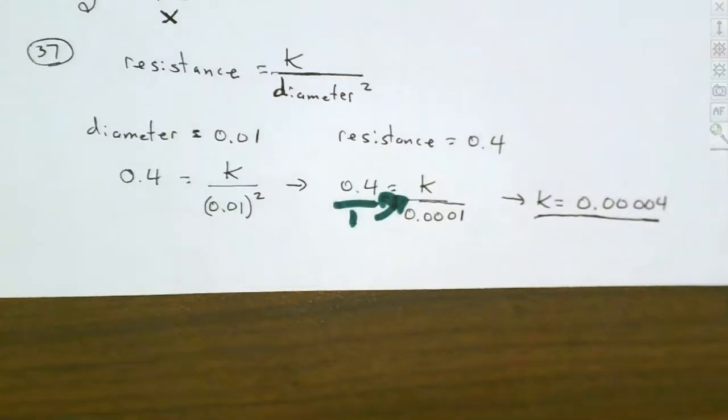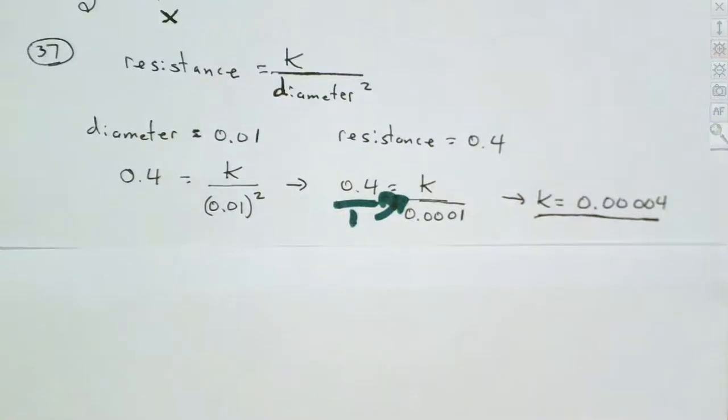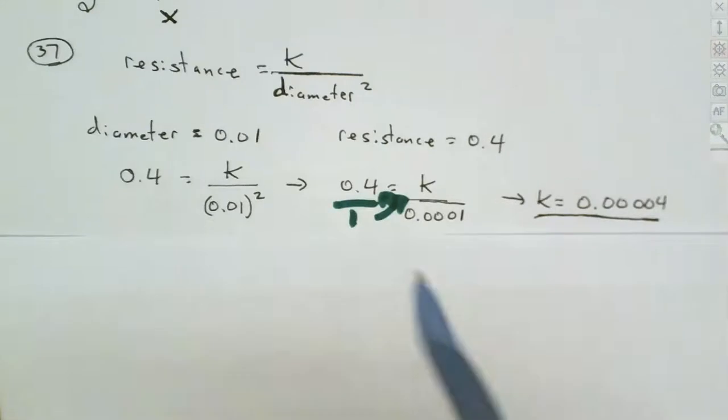Now, what does K represent? Well, K represents the different types of wire. Because K is going to be different if it's a silver wire versus a copper or aluminum. Right? K is based upon the type of wire. And each metal conducts electricity differently. That's why we had to find it. Because we don't know what the K is, but we can measure everything, and we can find K for that particular type of wire.